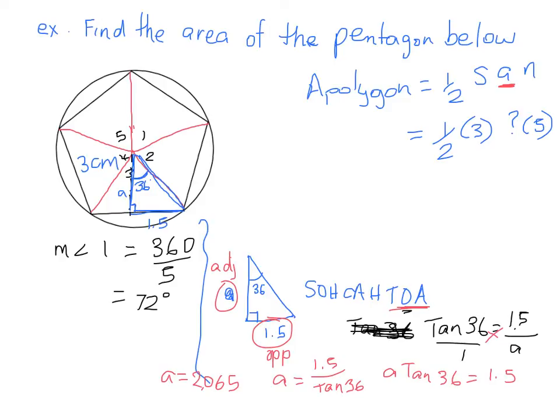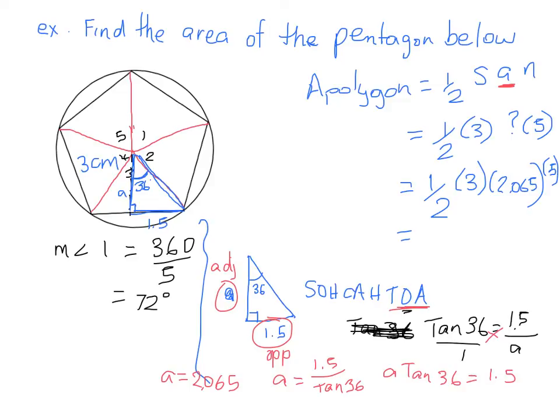So now we can go back to the original question. A half side length, which we know is 3, apothem length, which we now know is 2.065, times the number of sides, which is 5, and we can go ahead and plug that into our calculator.